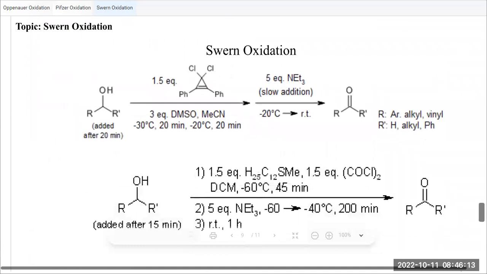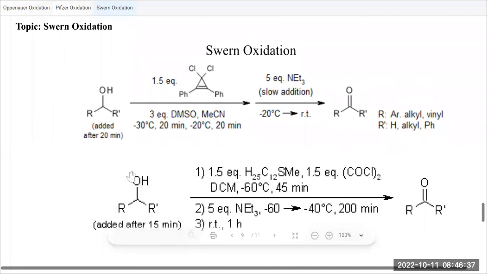This data is from some literature, and here instead of oxalyl chloride, this type of chloropropene has been used, and it has the same function as oxalyl chloride in the presence of DMSO, which is an oxidizing agent. It will oxidize this secondary alcohol into ketone in the presence of this base.